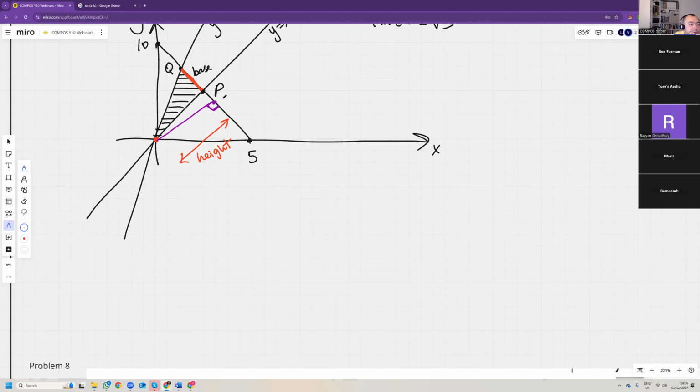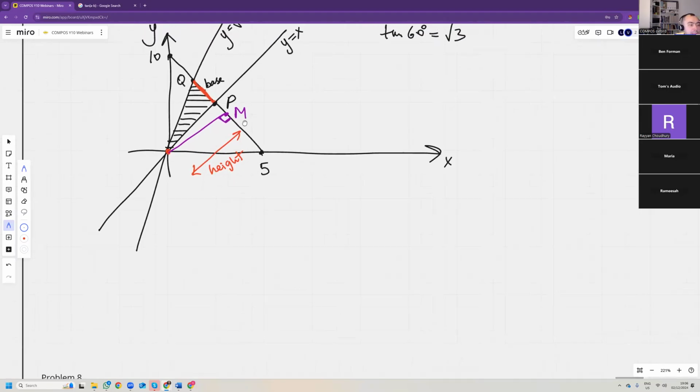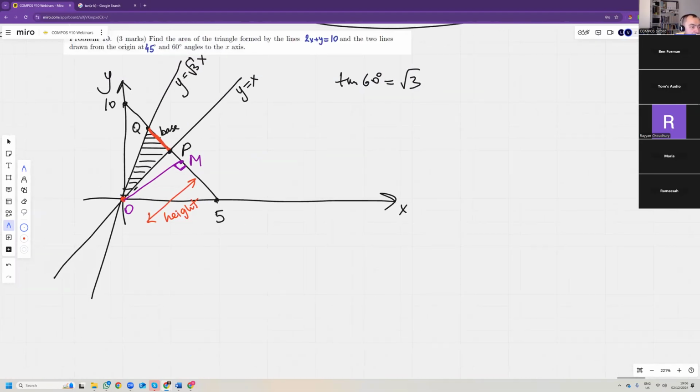Let's call it point M. OM is perpendicular to the line, so that's the height. Height is OM. Maybe not the best drawing, but you have a triangle like this, and the height of this triangle is that.